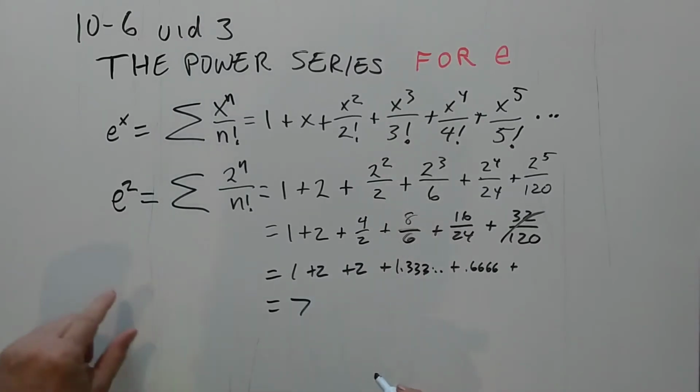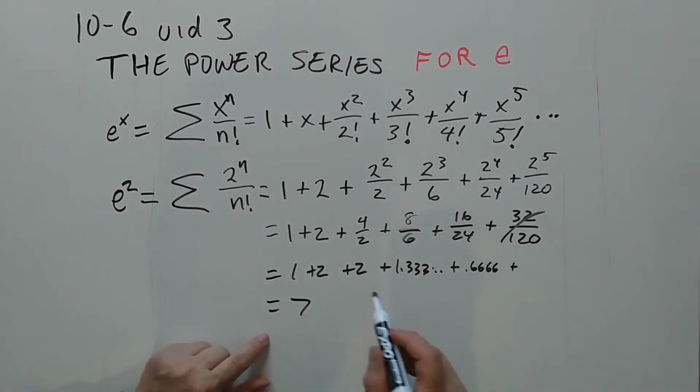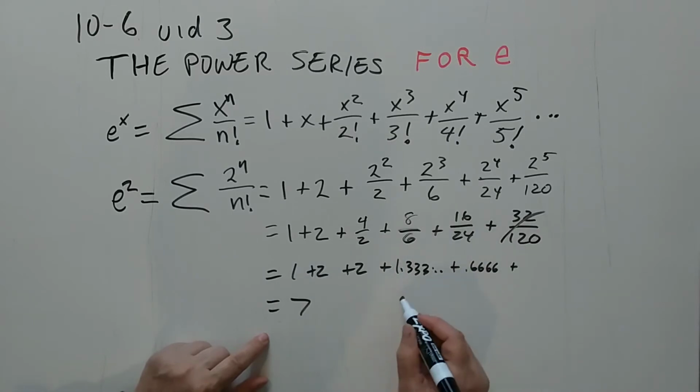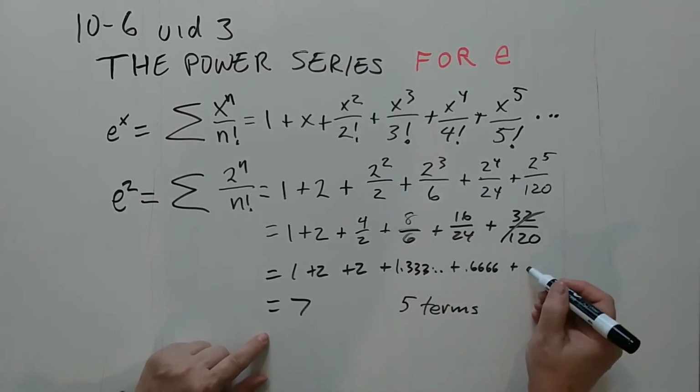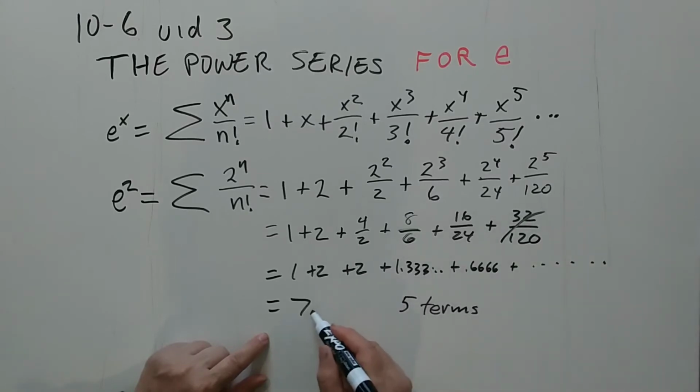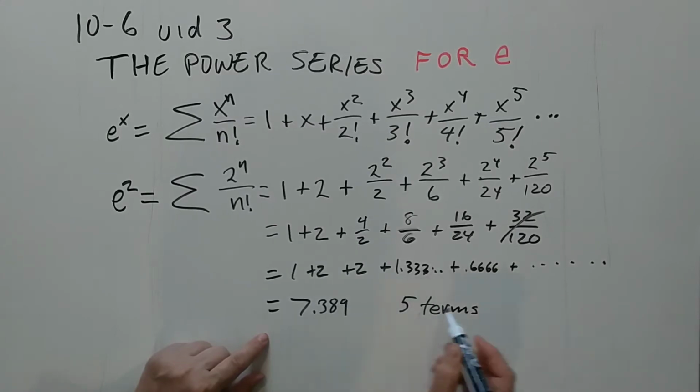So e squared, after 5 terms, or the 5th partial sum, is equal to 7. Now you'll notice that we'll add values on, and so it'll end up being a little bit more than 7. The actual value of e to the 2nd power is 7.389. And so as we add up all the others, we'll get closer and closer to the correct value.